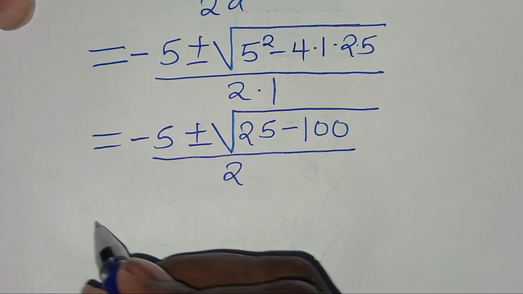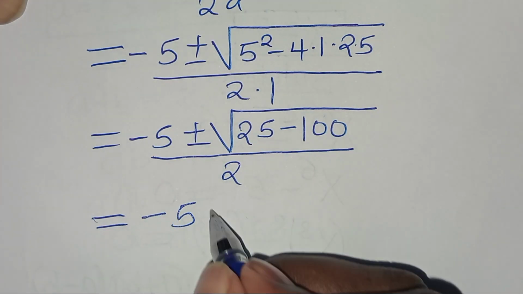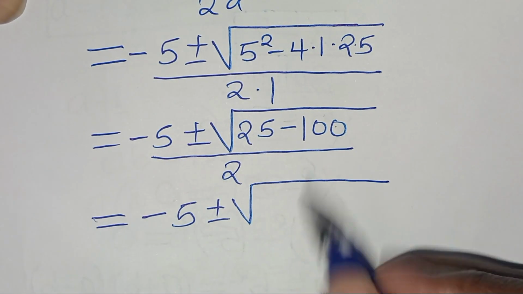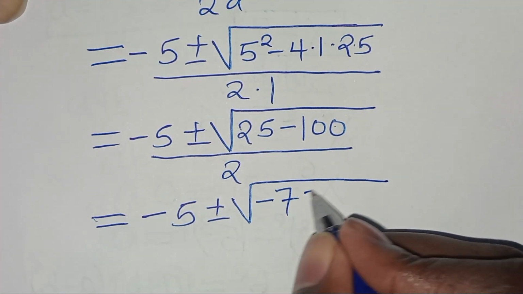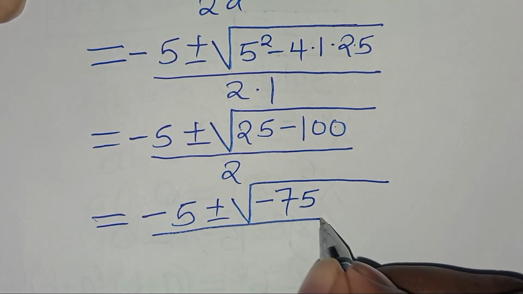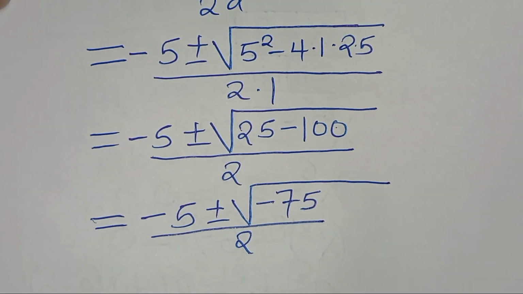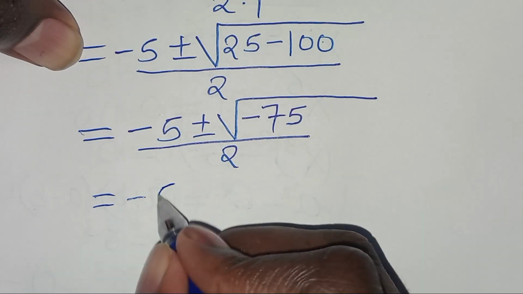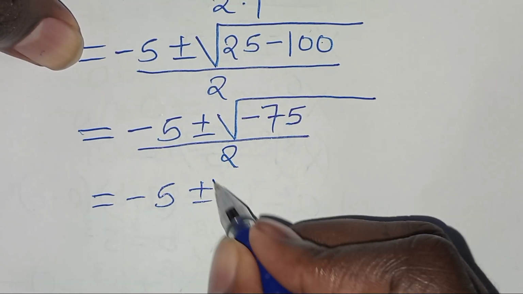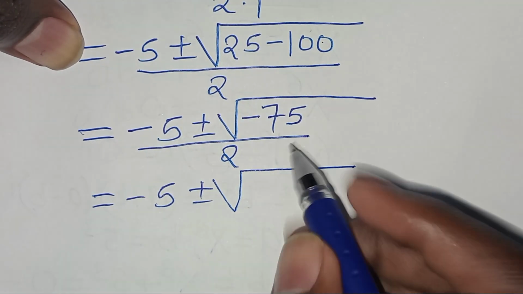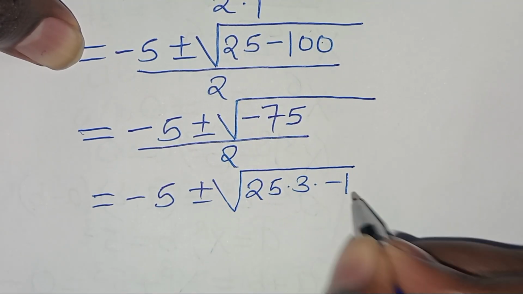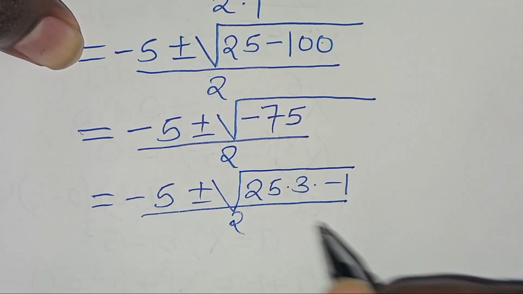So this implies that here we have minus 5 plus or minus the square root of 25 minus 100, which is minus 75, everything here divided by 2. So this implies here, again, we have minus 5 plus or minus. We can express minus 75 as 25 times 3 times minus 1, over 2.